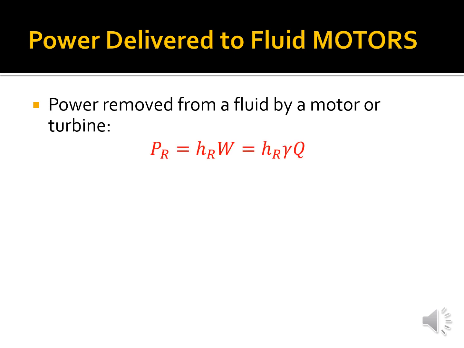If you still remember, this is the HR, which is the energy removed from the fluid flow system. We already covered these in part 1 and part 2 of this chapter 4. Again, W is the weight flow rate, which we can also express in this term.